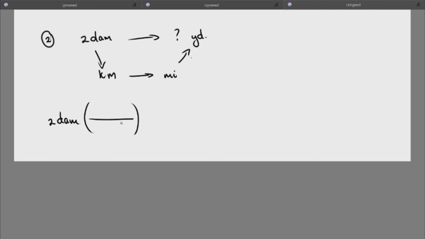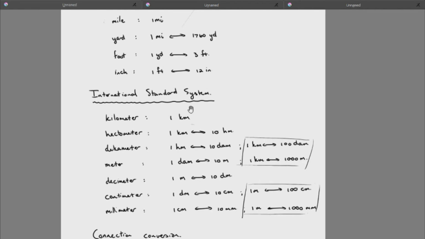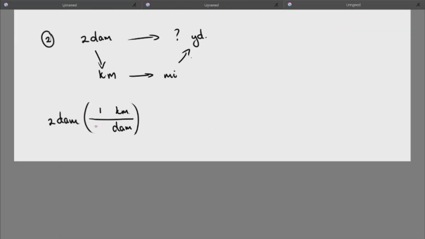It works for me. So I need to put decameter at the bottom, kilometers at the top. 1 kilometer, maybe I don't know. I don't remember. Let's go look it up. You don't have to memorize any of these. It's 100. See, you don't want to guess. Go look it up. You don't have to remember any of it. The table will be given.